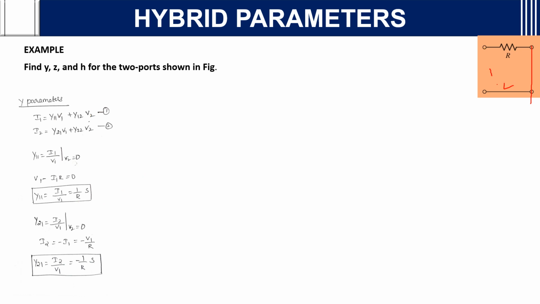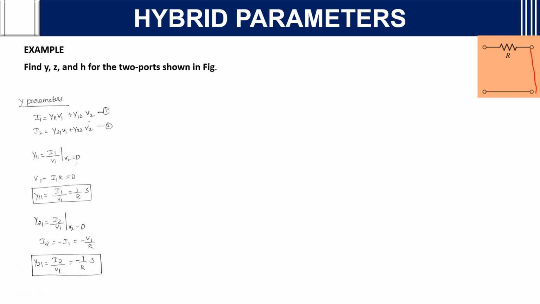So to get Y12, we'll take Y21. Why? Because even V2 also we are making 0. V2 parameter again, when you get I2 by V1, it is Y21. So Y21 is equal to I2 by V1 when V2 is equal to 0. Again you are shorting V2 only.